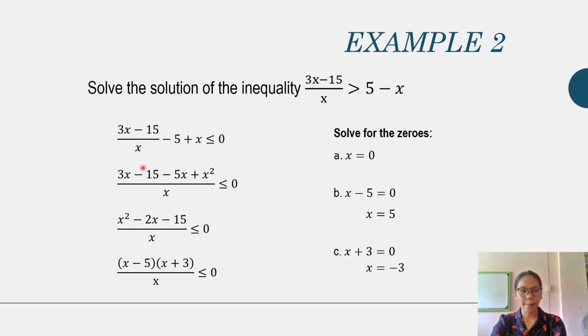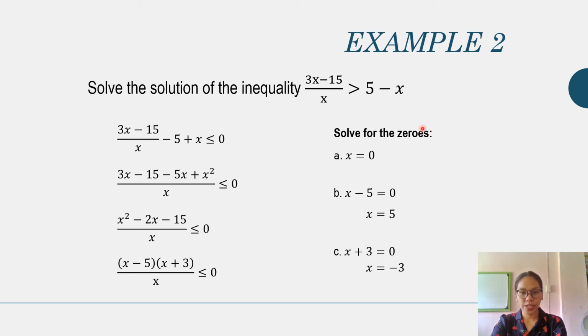And we have, copy natin yung negative 15. That will be over x, less than or equal to 0. And after that, we're going to divide this into binomials. So this is a product of two binomials. We have x minus 5 times the quantity of x plus 3 all over x.